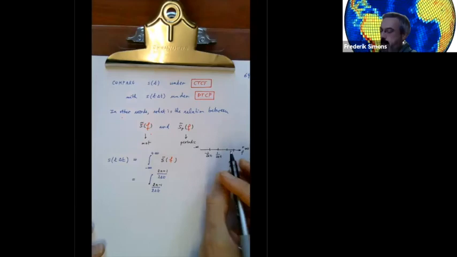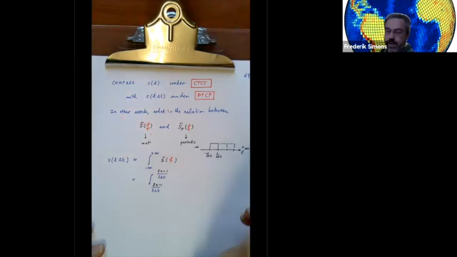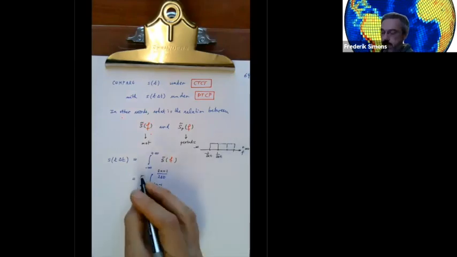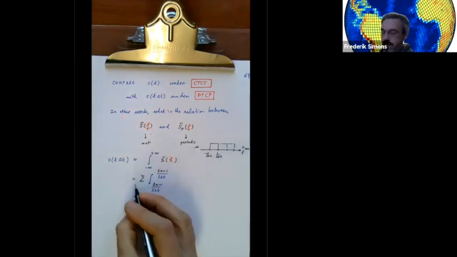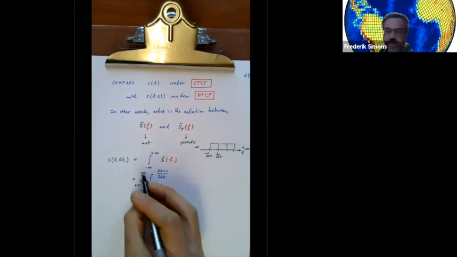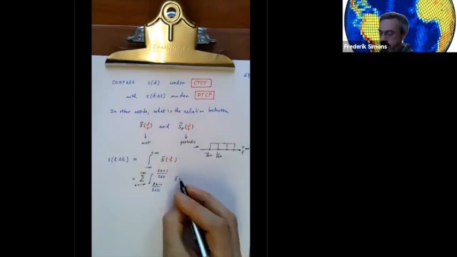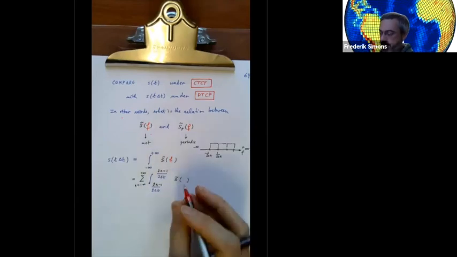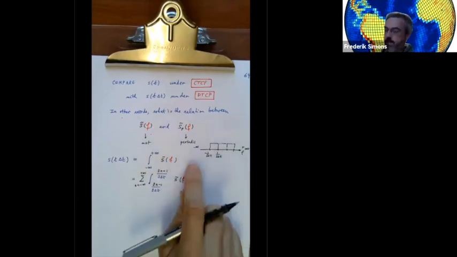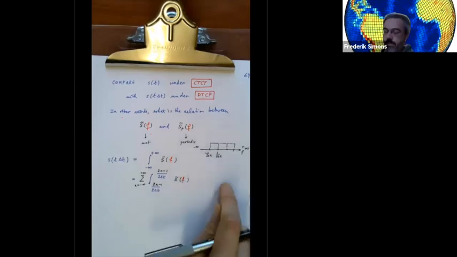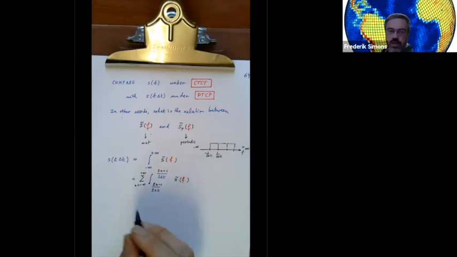I do my integral in pieces like this, and then on to the next one, and the next one, letting n go from negative to plus infinity. And then I write again S of f and the rest, e to the i pi and so on, nothing changes. And then I make a change of variables.